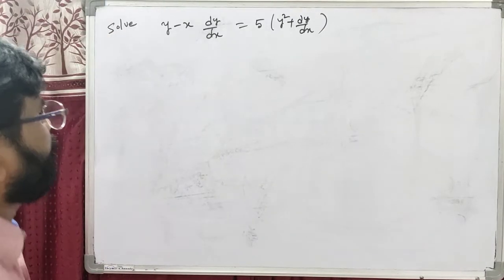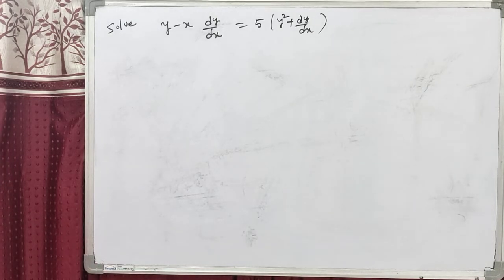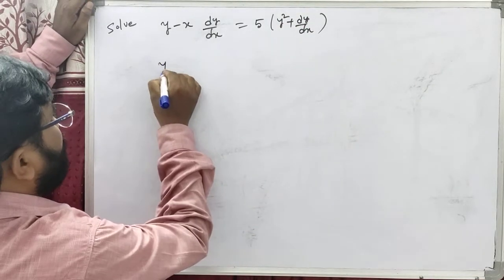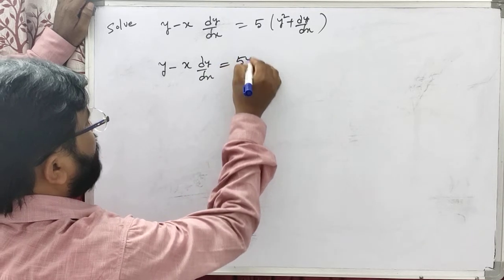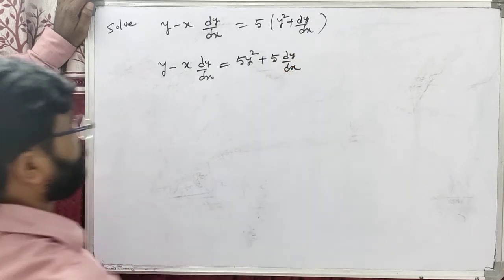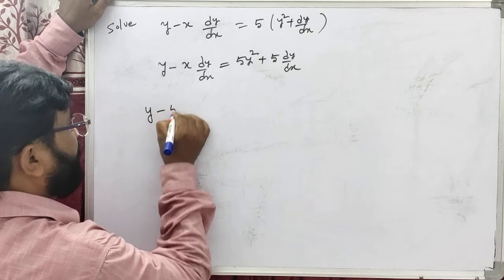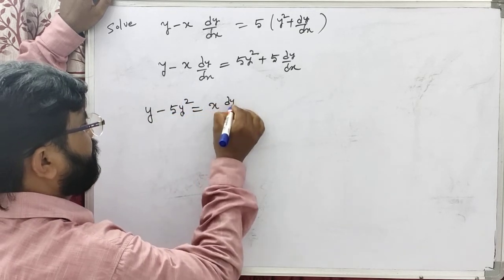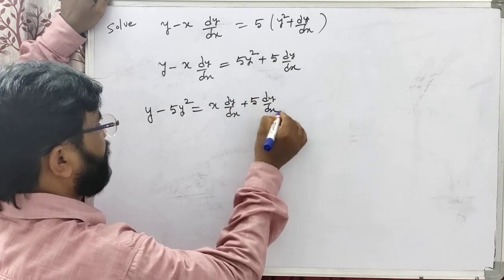Solve the equation y minus x into dy by dx equal to 5 into y square plus dy by dx. Dear students, y minus x into dy by dx equals 5y square plus 5 into dy by dx. Now this gives y minus 5y square, and the dy by dx terms go to the other side: x into dy by dx plus 5 into dy by dx.